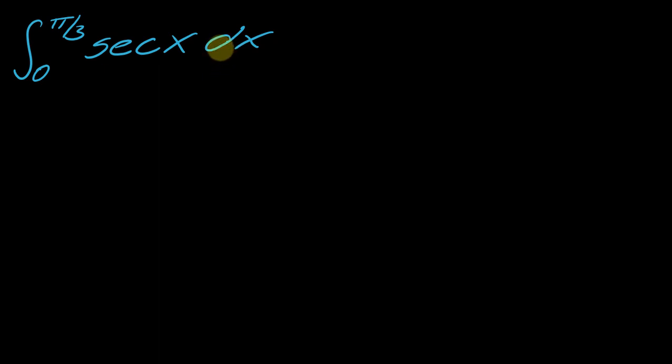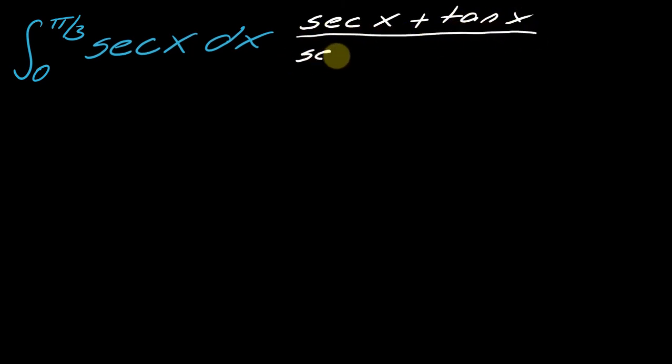So the only way you can actually deal with this is by making a pretty crazy multiplication, and that's going to be secant x plus tangent x. If I multiply secant x plus tangent x over secant x plus tangent x, this is equivalent to just 1, so I don't change the value of this problem technically.